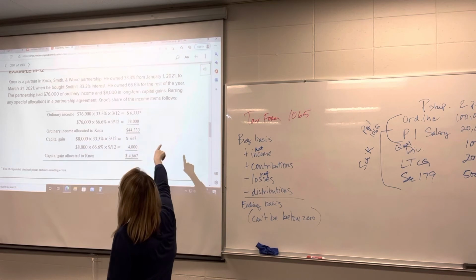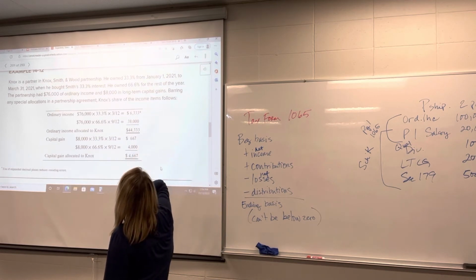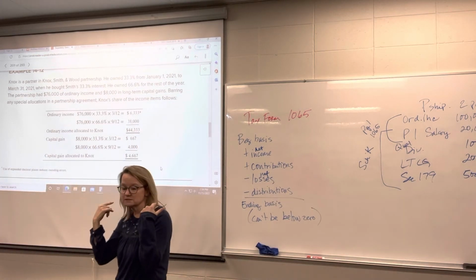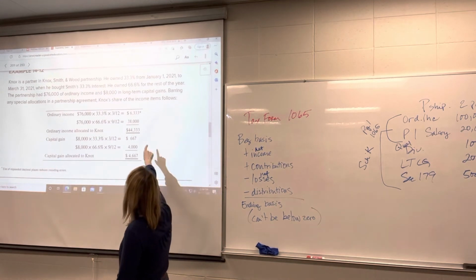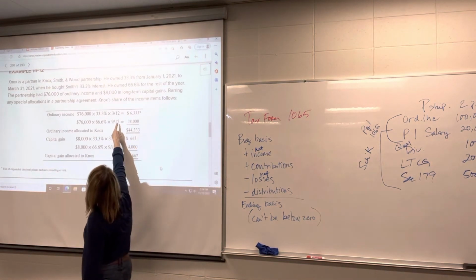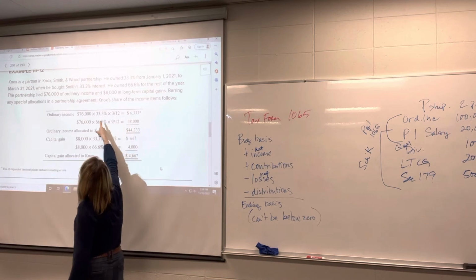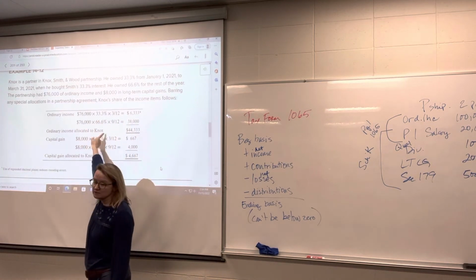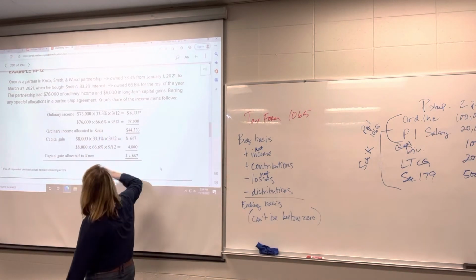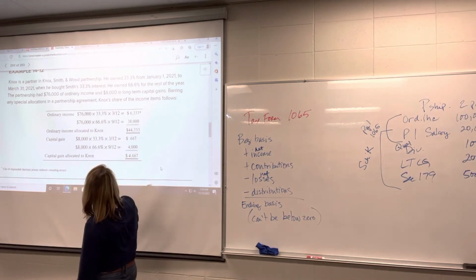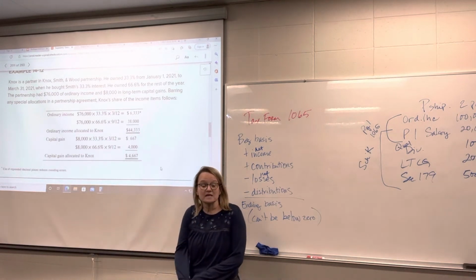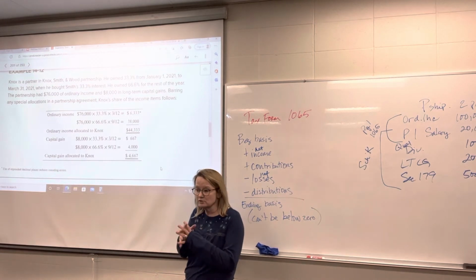Partnership had $76,000 of ordinary income, $8,000 in long-term capital gains. Now there may be some special allocations in a partner agreement that override these percentages, but we're assuming that there aren't. So ordinary income for 1/4 of the year, he'll take 33.3% of it, and then for the rest of the year, he'll get 66.6%. Same thing with the capital gain. And that's how that would be. So it can change during the year.